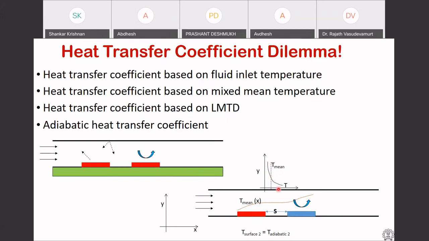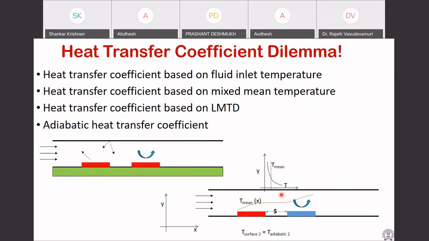So the actual profile looks like this, because the y is the vertical axis, and the horizontal axis is the temperature. So I'll see hotter temperatures closer to the heat source and colder temperature at the top, because if the spacing between the heat sources is small, the flow will not have sufficient time to mix.